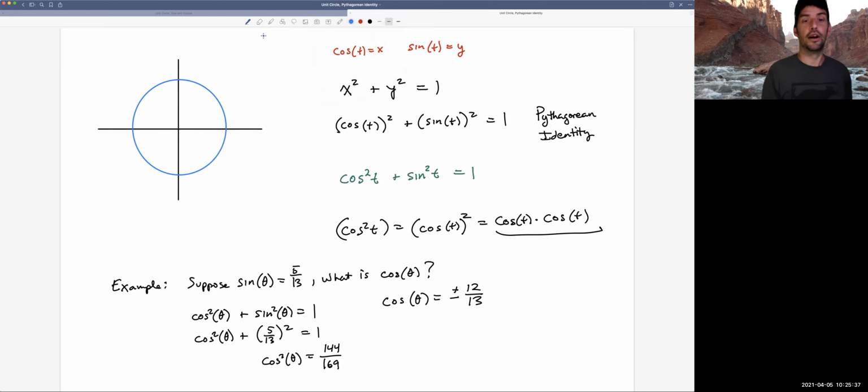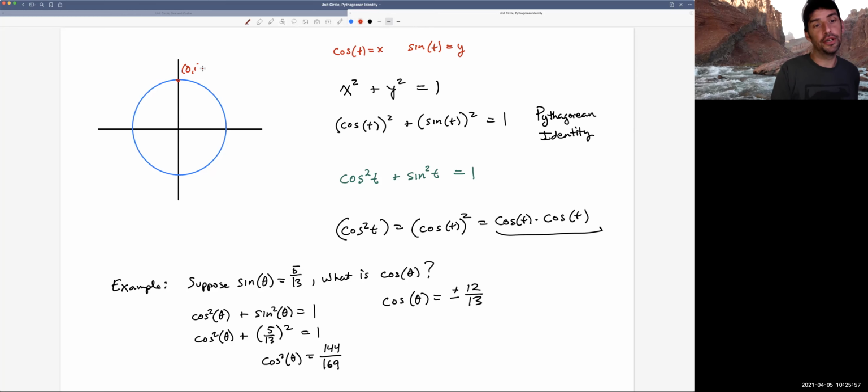All right, so when we say that the sine of the angle is 5/13, remember what we mean. We mean that if we draw that angle in, the place where it intersects the unit circle has a y coordinate of 5/13.